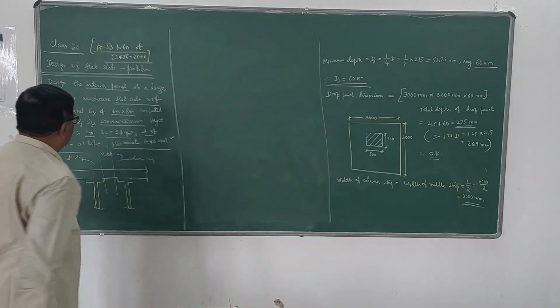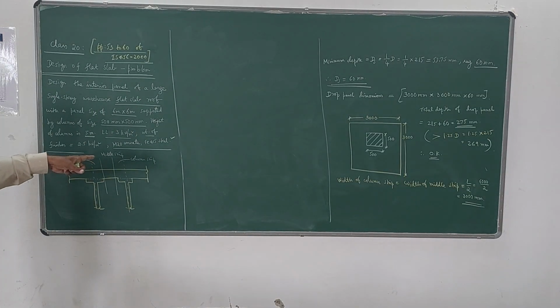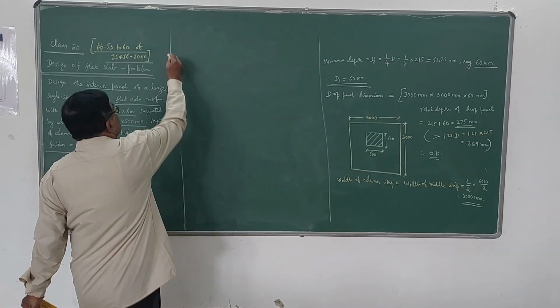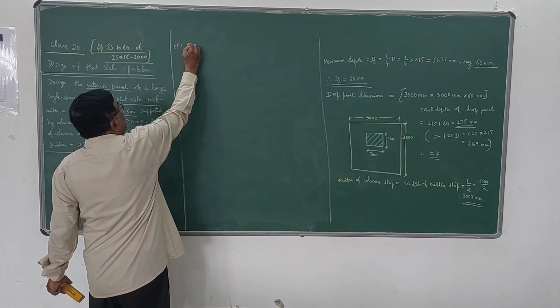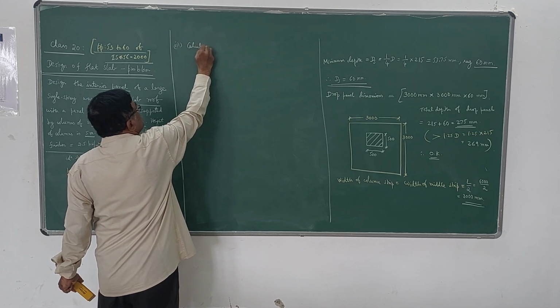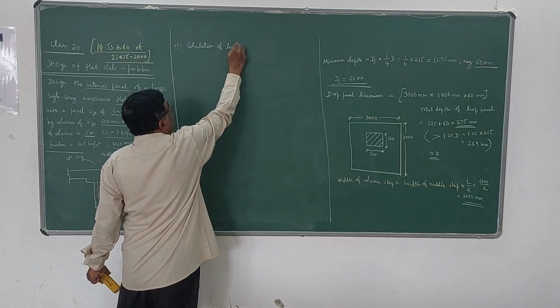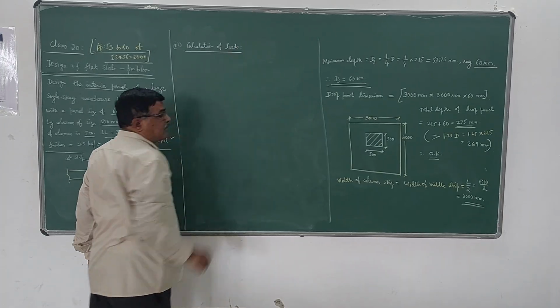So normally he will give the live load and finished load. We have to add dead load to that. So third step is calculation of loads. First we will take up the given loads.